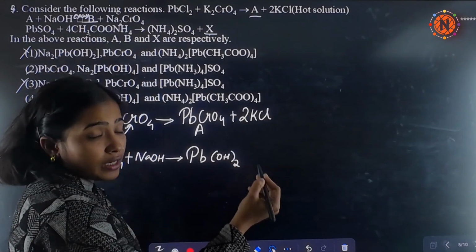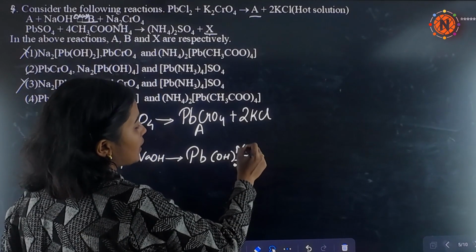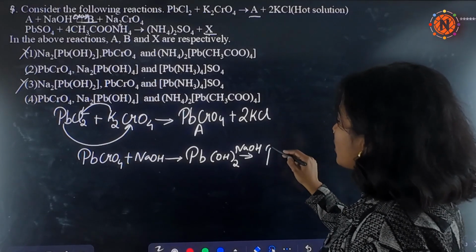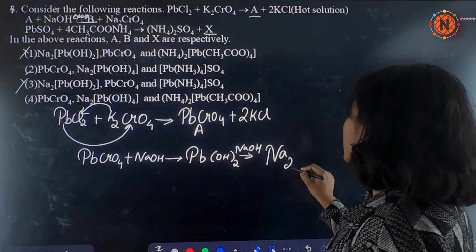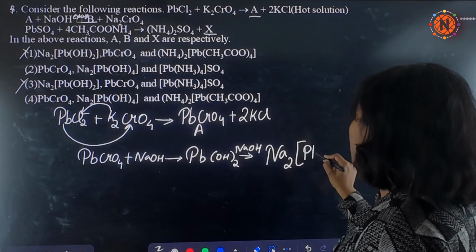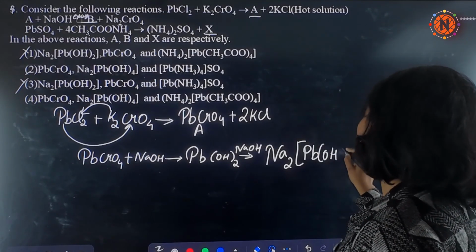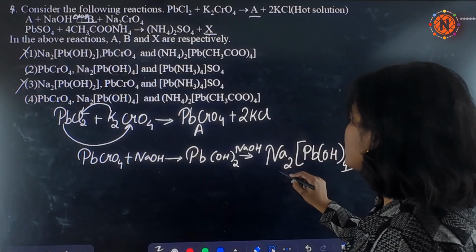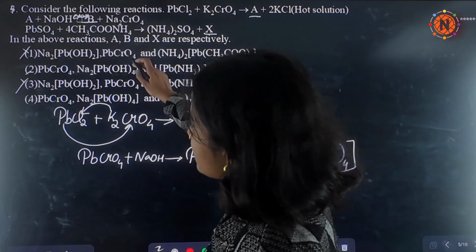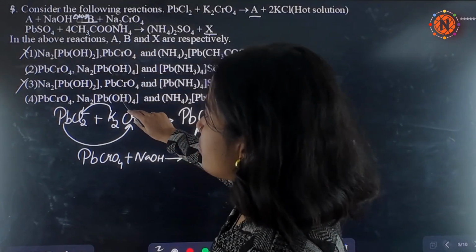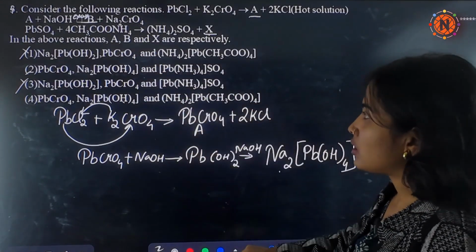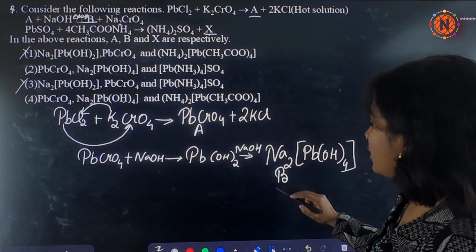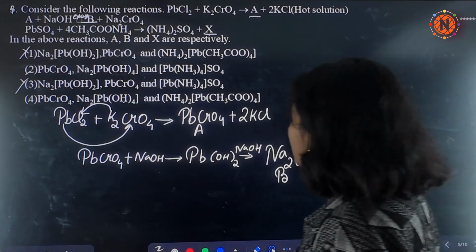After that, since NaOH is present in excess amount, the lead hydroxide will convert into a soluble compound, Pb(OH)3. So option number 4 will be correct, but let's see what our compound B will be. Compound B, we got the following.